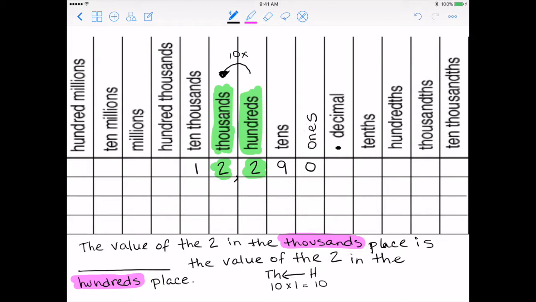Or you could even skip that part and just say 10 times. So in this case, the value of the 2 in the thousands place is 10 times greater than the value of the 2 in the hundreds place.